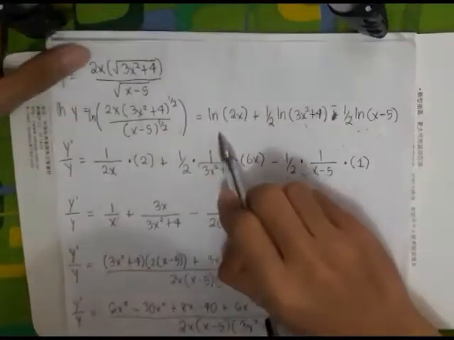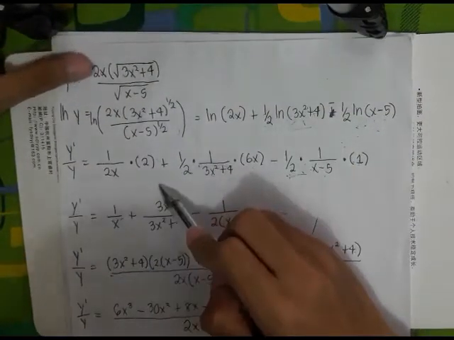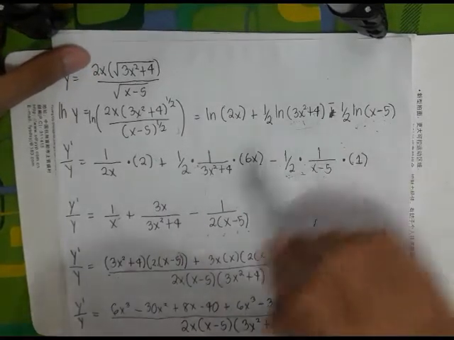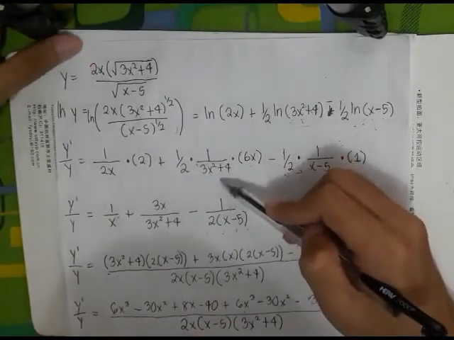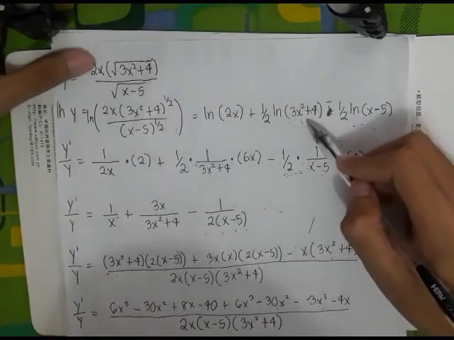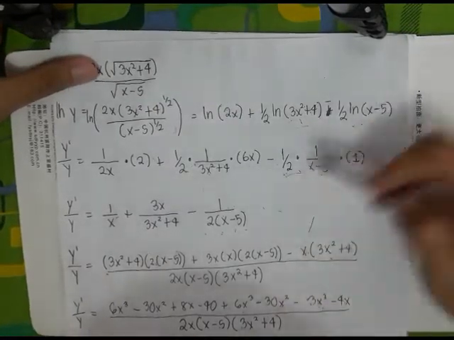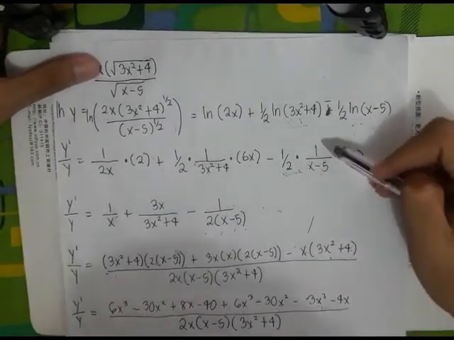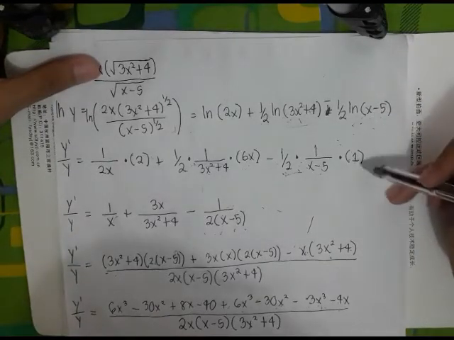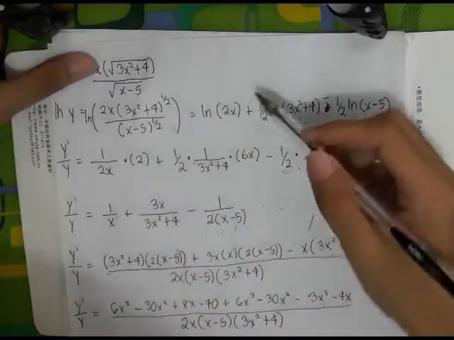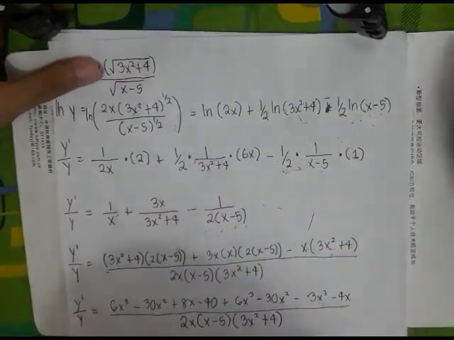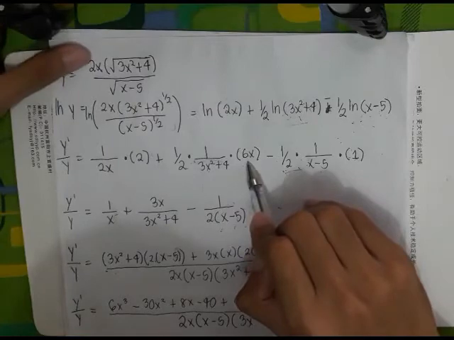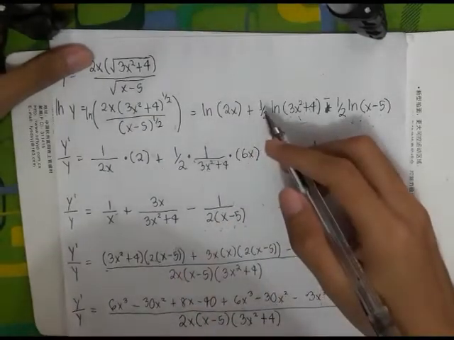So ln 2x becomes 1 over 2x times 2, plus 1 half ln of 3x squared plus 4 becomes 1 half times 1 over 3x squared plus 4 times the derivative of 3x squared plus 4, which is 6x, minus the derivative of ln of x minus 5, which is 1 half times 1 over x minus 5 times the derivative of u, which is 1. Simplifying further, 1 over 2x times 2 is 1 over x. 1 half times 6x is 3x, so we get 3x over 3x squared plus 4.